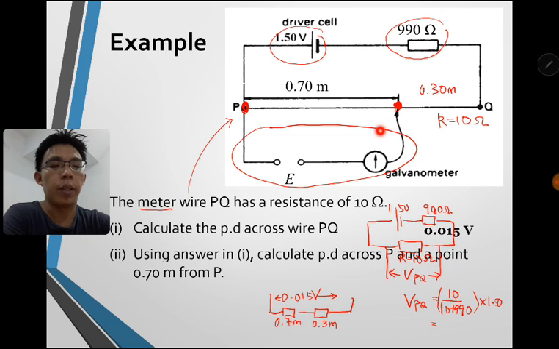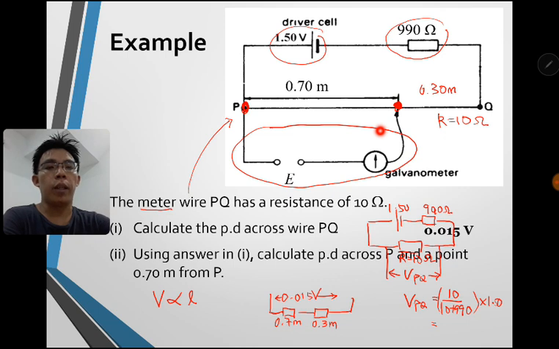So we have two resistors here expressed in terms of their length. Remember, if this is a wire of uniform cross section and it's in series, the current is the same, the cross sectional area is the same, the resistivity is the same, and therefore the potential difference is directly proportional to the length.